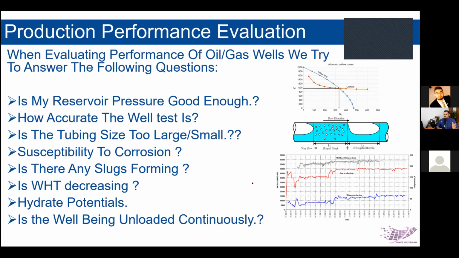Is the tubing size good enough for your well? For example, I have seen one of the cases. It was a condensate well, and the wellhead pressure was declining very fast, in a couple of weeks. They found out the reason behind that. They were producing liquid with it, and the liquid was not being unloaded efficiently.